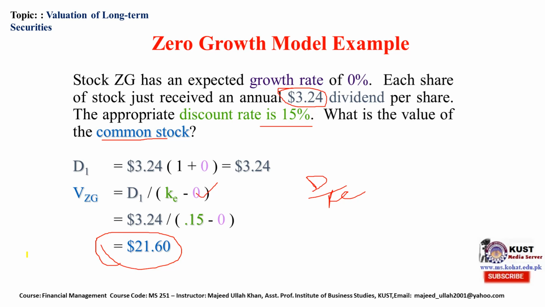So the investor will pay $21 for this type of share if it has no growth in dividend. Why is the other value $50? The $50 is for the growth of 8%, because the dividend was not constant. In future the investor will receive more cash, but in the case of zero growth, the investor will not receive extra cash in this zero growth model.